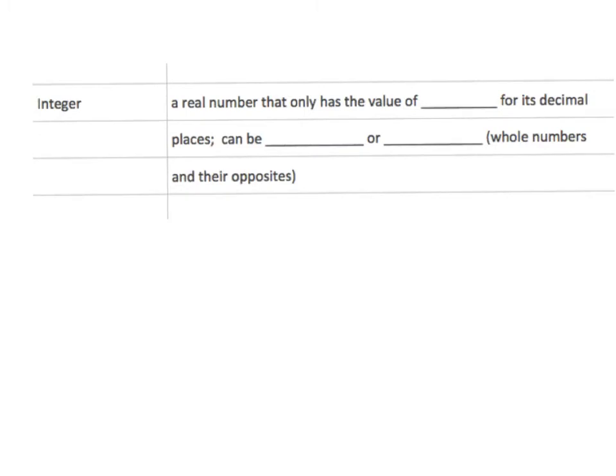The next smallest box is integers. Integers is any real number that has a value of 0 for its decimal places. It can be either a positive or a negative number. They're whole numbers and they're opposites.